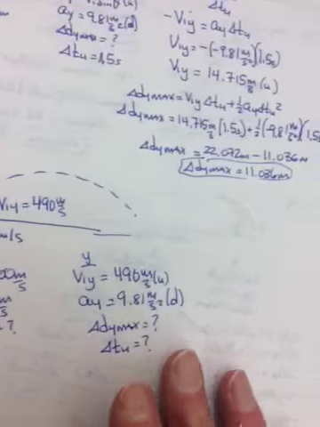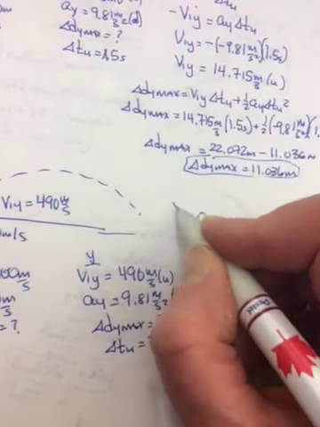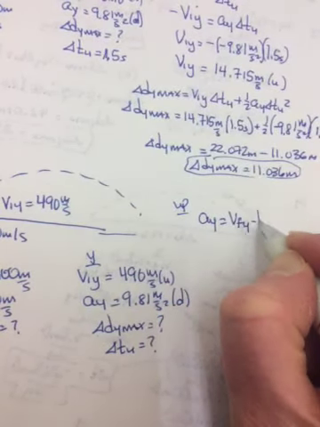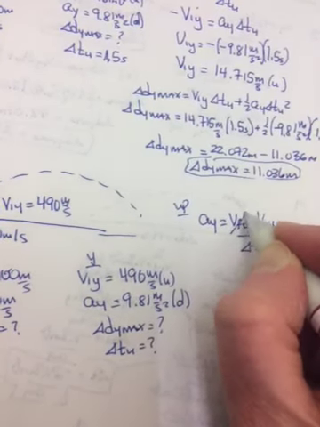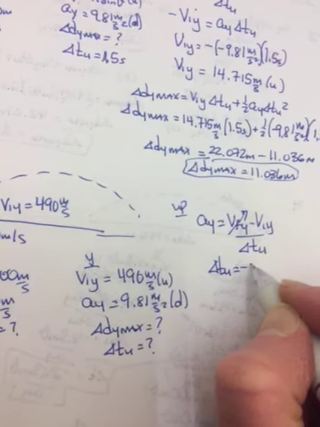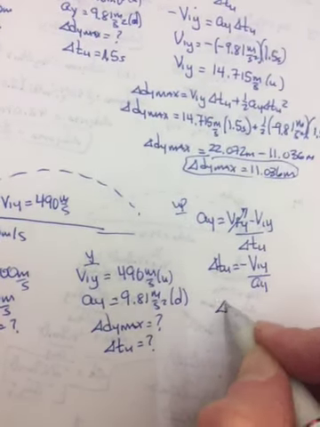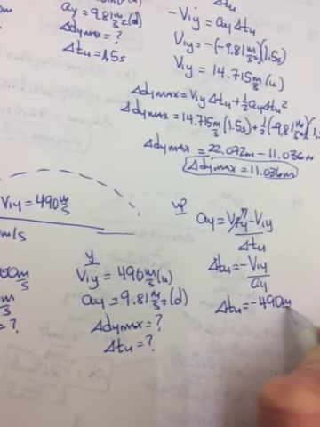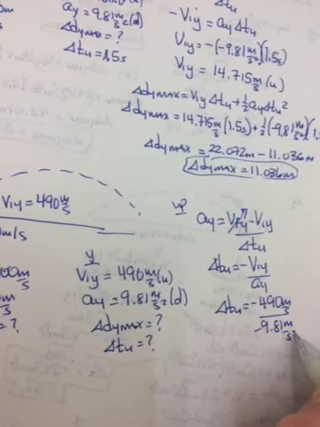So we'll start, as we always do when it's ground to ground like this one, start with looking at the up. So AY is equal to VFY minus VIY over delta t, and if we're looking at the up, that goes to 0. So our delta tu will be equal to negative VIY over AY. So it'll be equal to negative 490 divided by negative 9.81 meters per second squared.